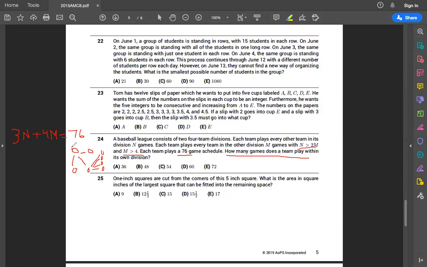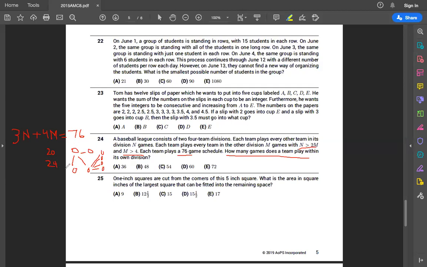So we'll start by just testing with m at 5, since it has to be greater than 4. So with m at 5, 4 times 5 is 20. Got 20. So 3 times n would have to be 56. That's not possible because 56 is not a multiple of 3. So we'll try m equals 6, which would be 24 games here.